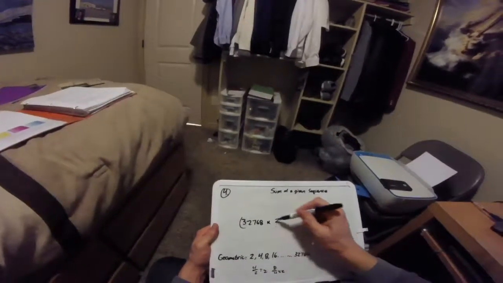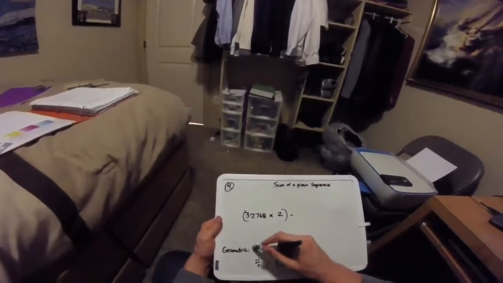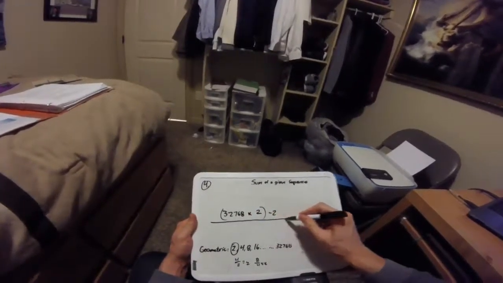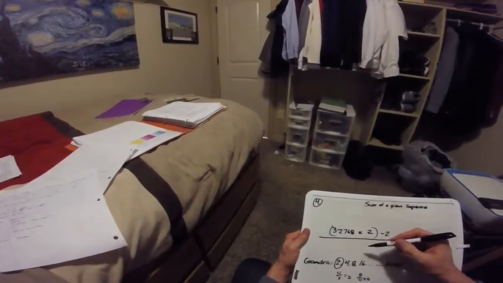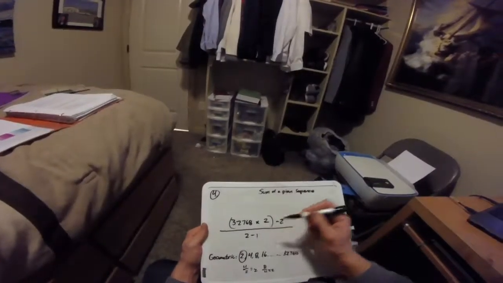And then, once we have that, we're going to subtract the first term, so we're going to subtract 2. All of this will be divided by the rate minus 1, so 2 minus 1.